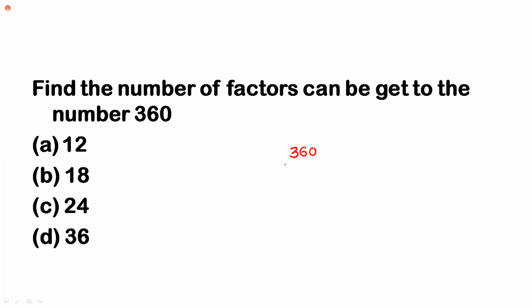So 360, how to split? There are two ways. One is you can use a tree diagram, or otherwise you can use the prime ladder method. So how to use the tree diagram? 360 I'm writing broadly as 36 into 10. 10 we can write as 2 into 5.